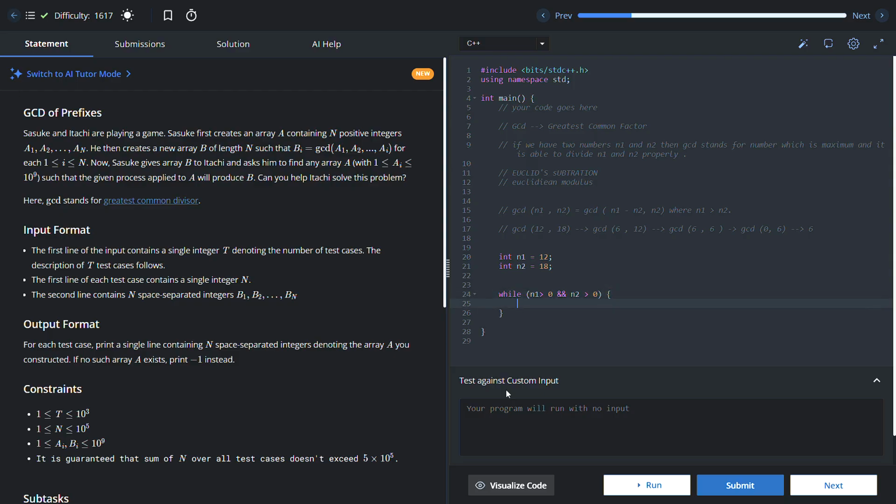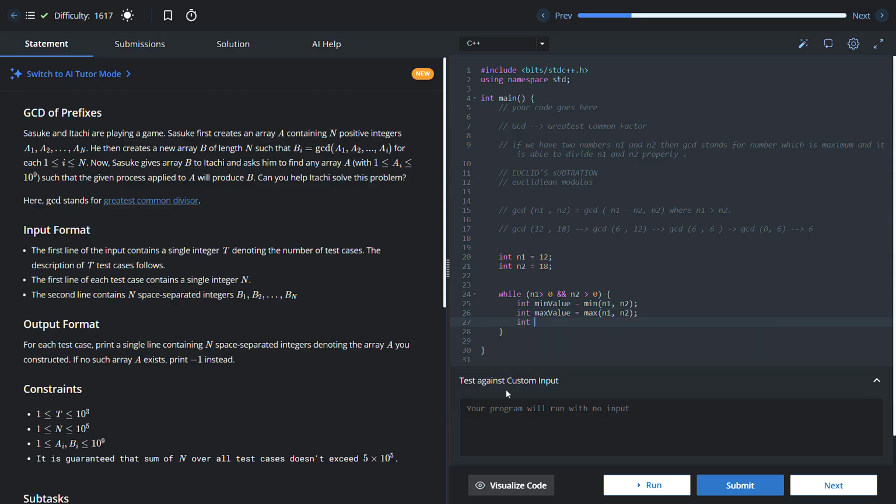Firstly we have to find the minimum, so min value is equal to minimum of n1 comma n2. Then we find the max value, that is max of n1 comma n2.